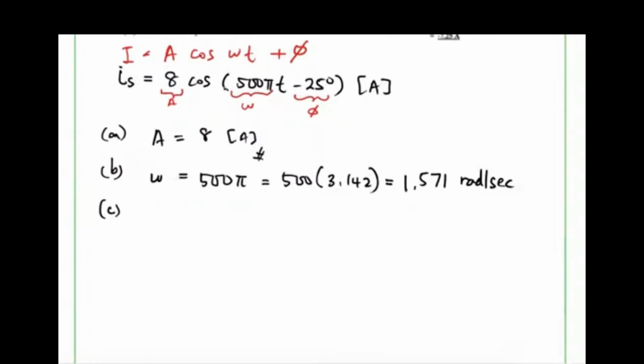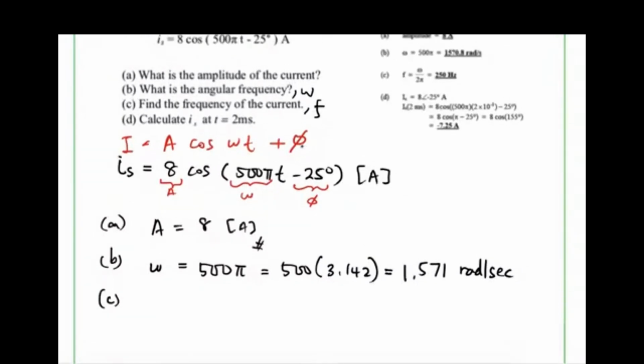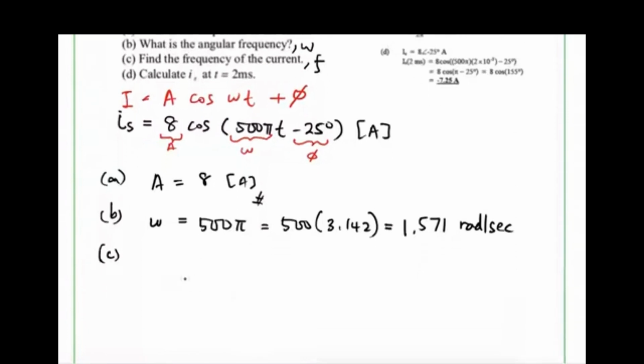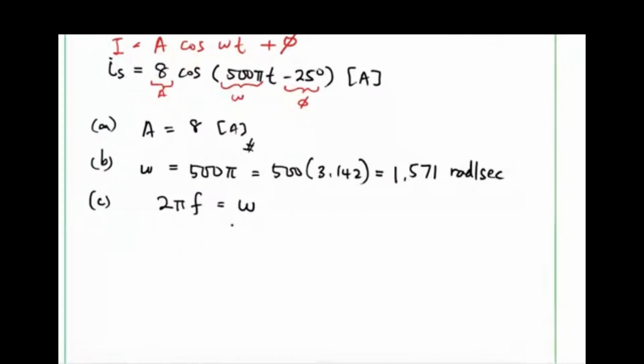And then part c: find the frequency of the current. The frequency is f. Looking at the general equation of a sinusoidal signal, there is no information on f, but you need to remember this equation: 2 pi f equals omega. Rearranging to find the frequency, f equals omega over 2 pi.